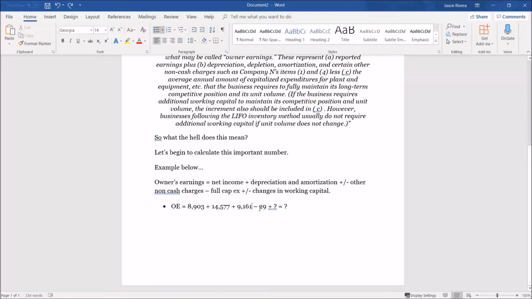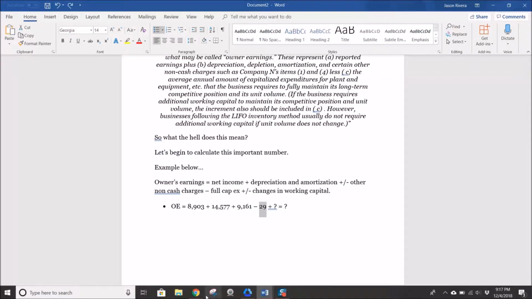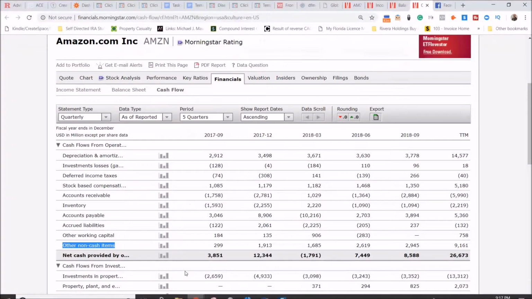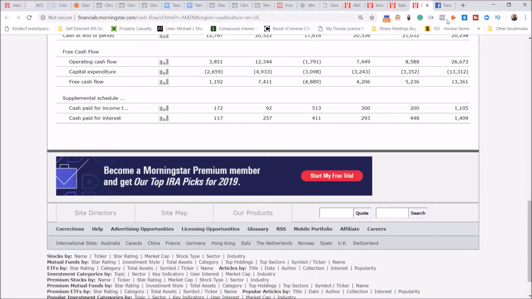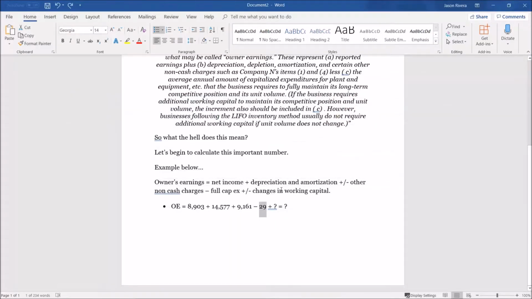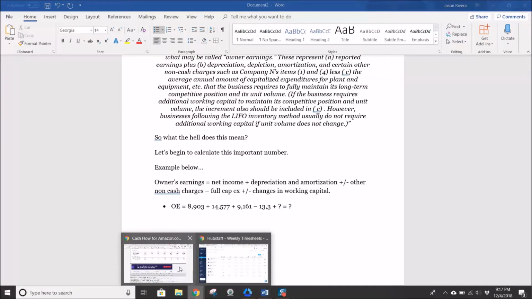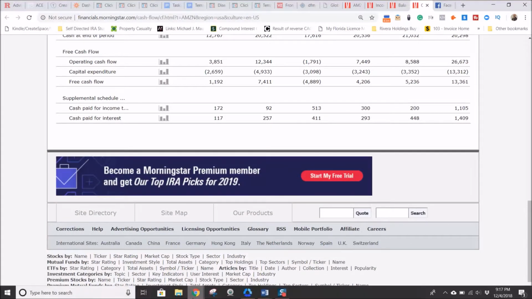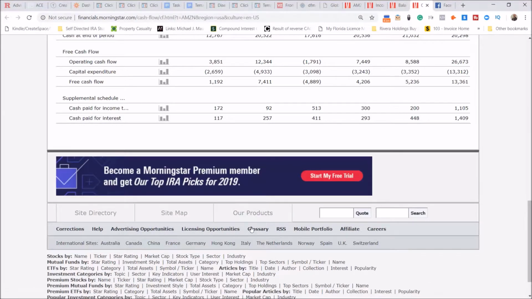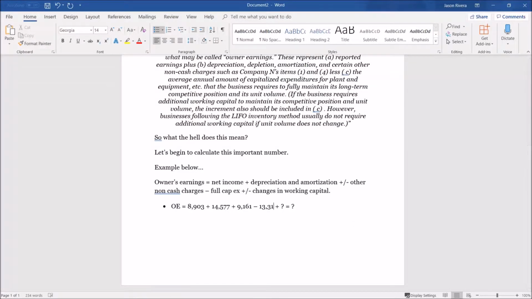Okay, so I did update that number. So minus, I just was on the wrong place. What was the number again? 13,312. Plus, and then we'll get to this number later. So this is the first part of the calculation on Amazon.